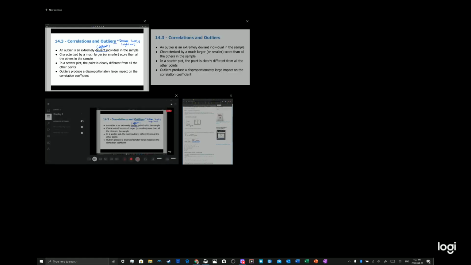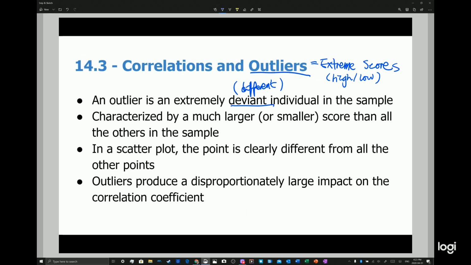And when that happens, let's go back. When the score is much larger or smaller than the others in the sample, in your scatter plot, you're going to shift the direction and maybe even the magnitude of your correlation because you're changing the shape of the scatter plot. So this is the last point. When you introduce outliers, or when your sample somehow includes an outlier, and sometimes this is out of our control, it could be somebody who's extra smart in the class, or somebody who is really struggling in the class.